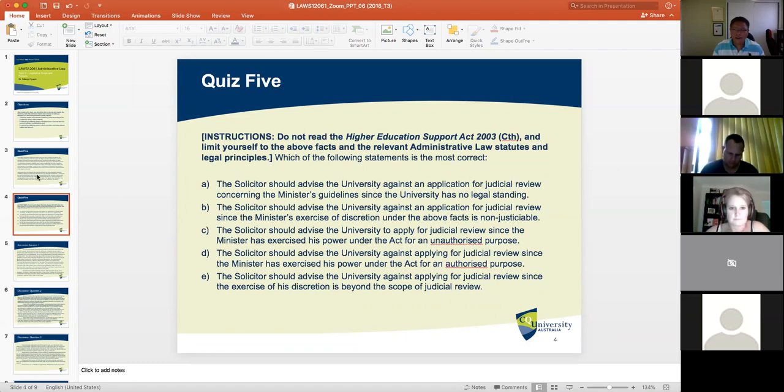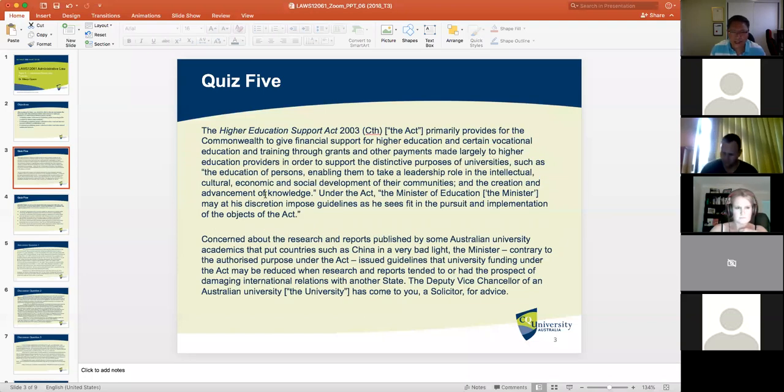Okay, before I express my own opinion as to what the correct answer is, and so the class has predominantly chosen letter E as the correct answer, let's just examine the factual circumstances again. So we will notice that the Act provides broad powers to the minister, actually, to impose guidelines as he sees fit in the pursuit and implementation of the objects of the Act.